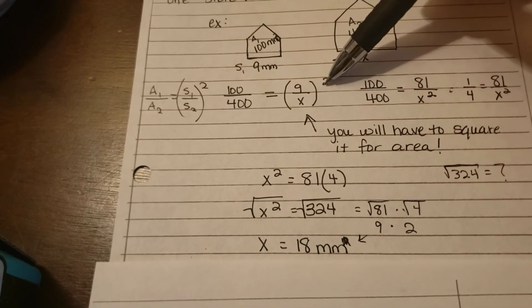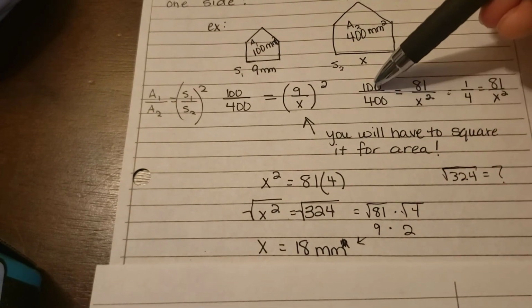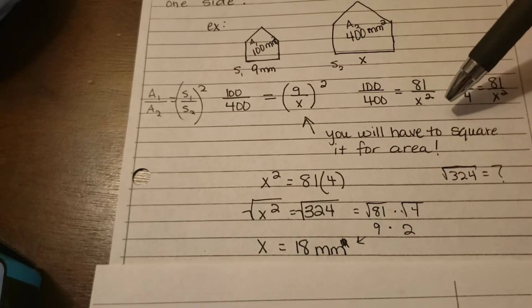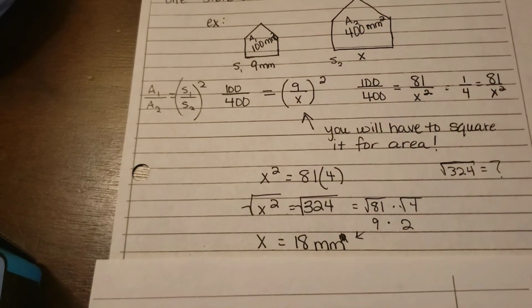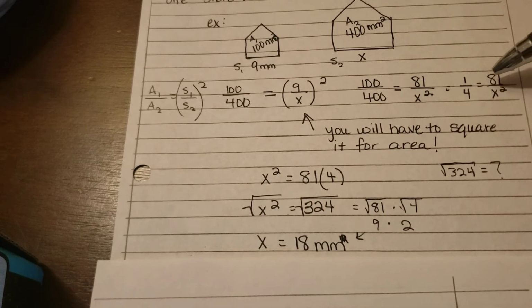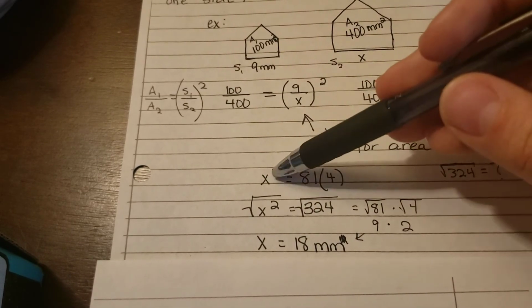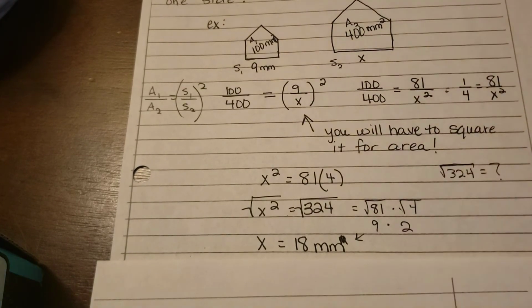Now I do need to do my exponents before I can multiply or divide. So then I've got 100 over 400 equals 81 over x squared. I'm going to simplify this because I don't want to multiply by 400. After cross multiplying, I get down here. X squared equals, I could have said 324, absolutely.